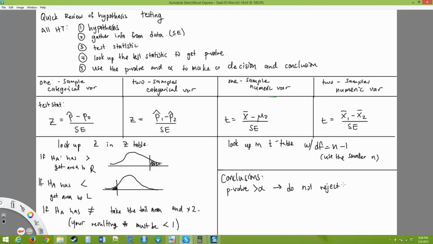We do not have evidence to support the alternative, okay? And if the p-value is less than alpha, reject the null and say we do have evidence to support the alternative.